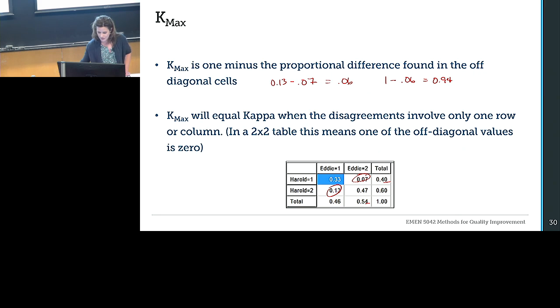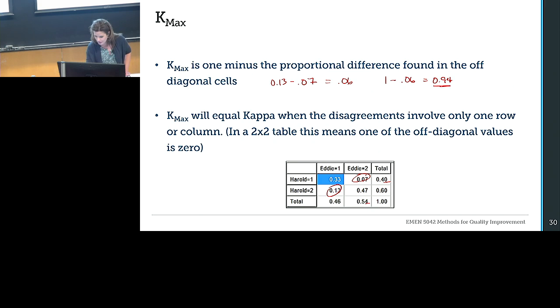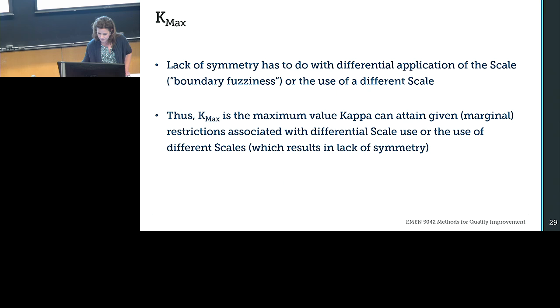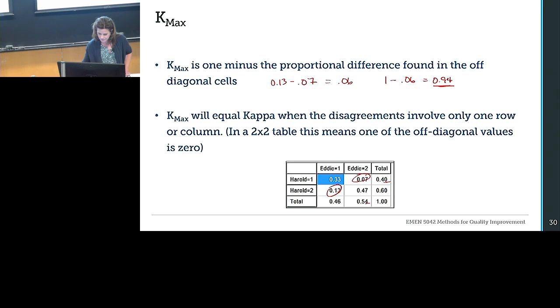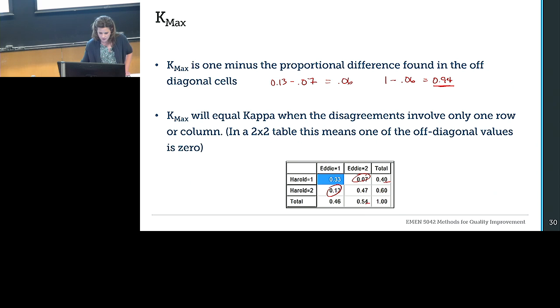Okay, your Kappa max. Sorry, that's not the exact right answer, but that's the number that we would put in here. That's 0.94. All right, so when the disagreements involve only one row or column, then the Kappa max and Kappa will be equal.